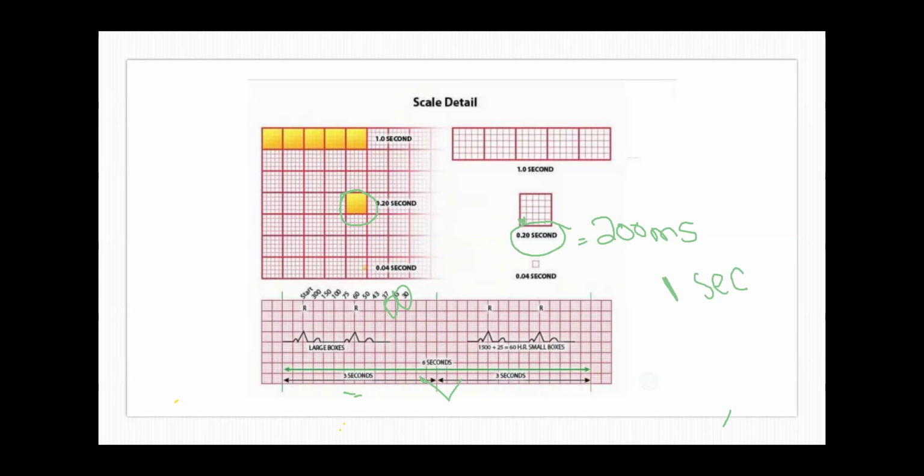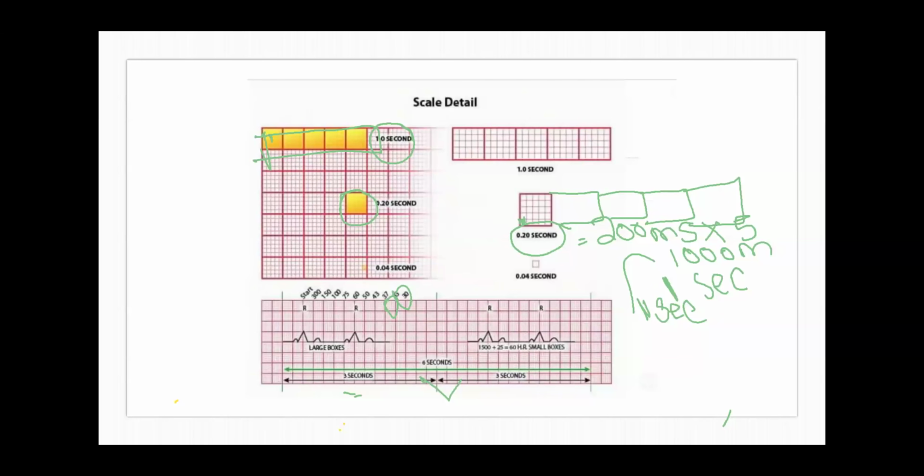For 1 second, you should have 5 large boxes. If you multiply 200 by 5, it will equal 1000 milliseconds, which is equal to 1 second. Okay? So you need 5 boxes to make the rhythm 1 second.